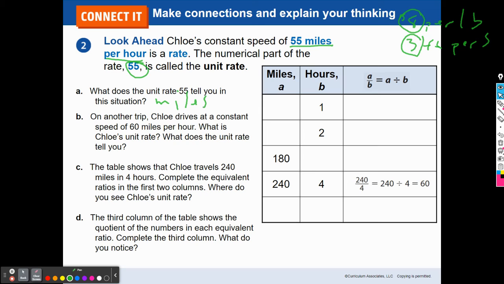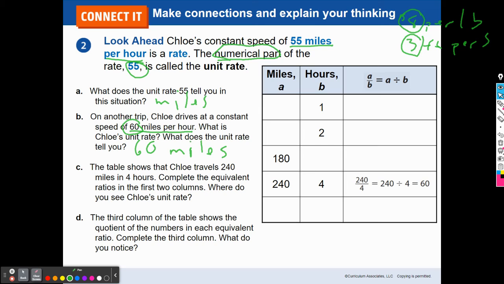What is Chloe's unit rate? 60 miles per hour is the rate. The numerical part is going to be our unit rate, right? So what is the unit rate in this case? 60, right? What does 60 tell you? It tells you the miles, right?